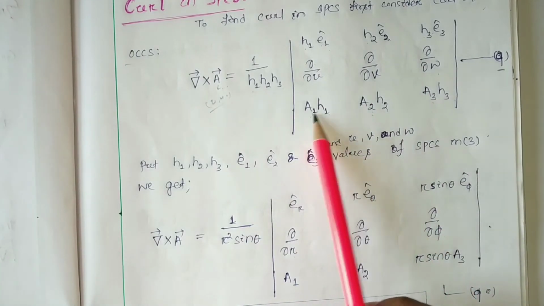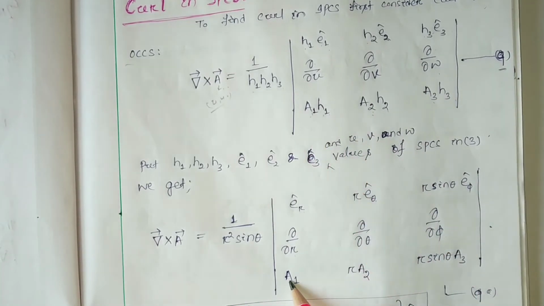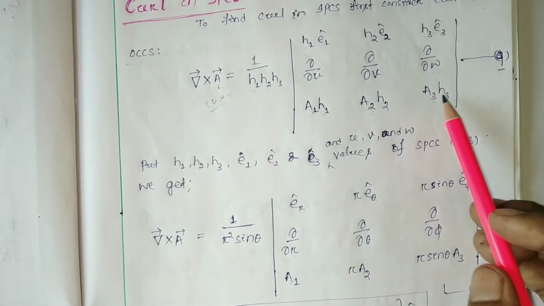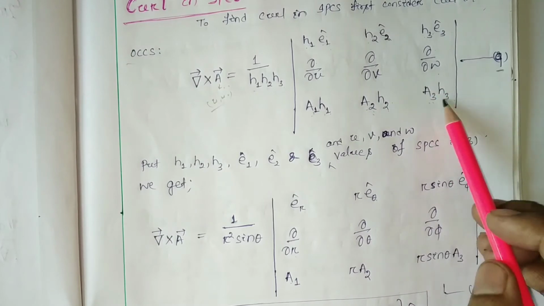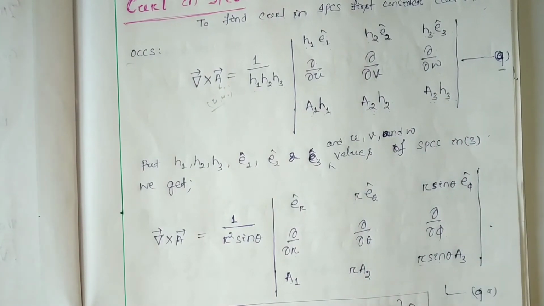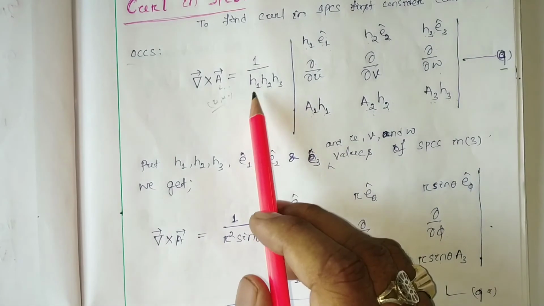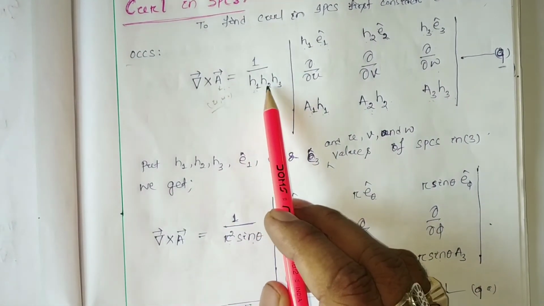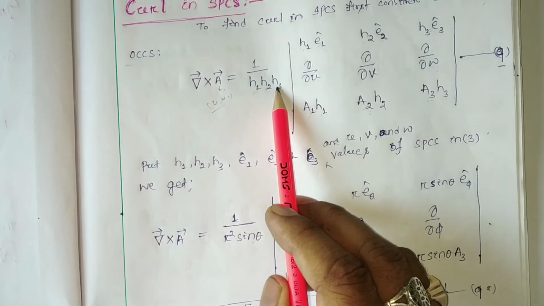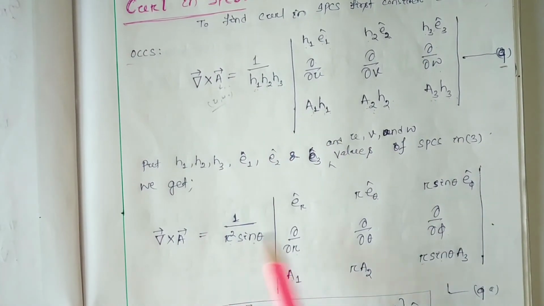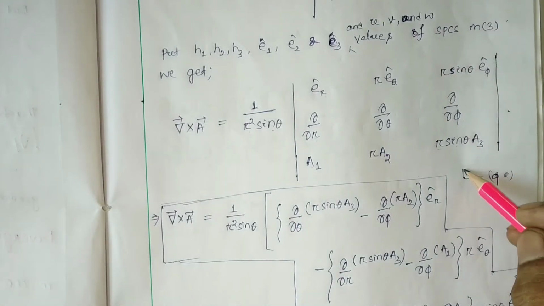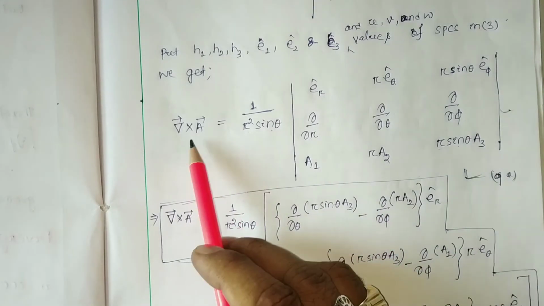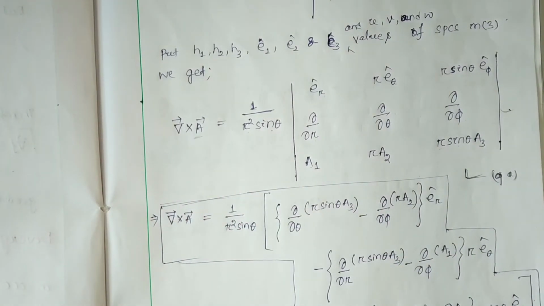So a1 h1 is 1 times a1, so only a1; a2 h2 is r a2; a3 h3 is r sin theta a3. Inside the matrix, and here h1 h2 h3 is r square sin theta, because h1 is 1, h2 is r, h3 is r sin theta. So this is equation 9a. This is the required expression of curl of a vector function in SPCS.